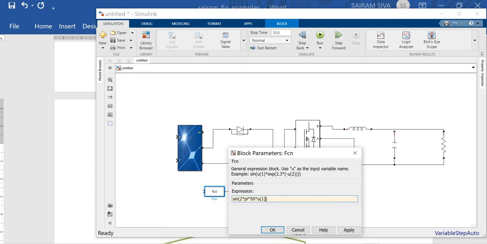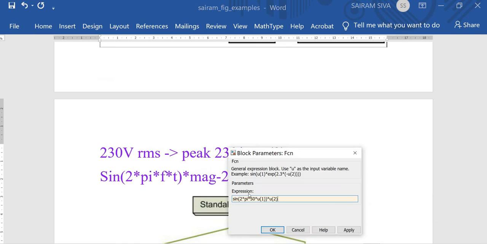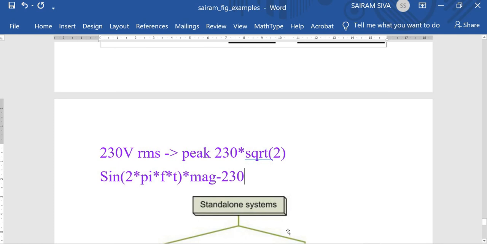Next I am also going to multiply the entire expression by u of 2, that is the magnitude. The sine wave equation is multiplied by the magnitude, which is 230 or something else. So specifically it may be called a 230 based system. For that purpose, u of 2 here I am going to give on, right?